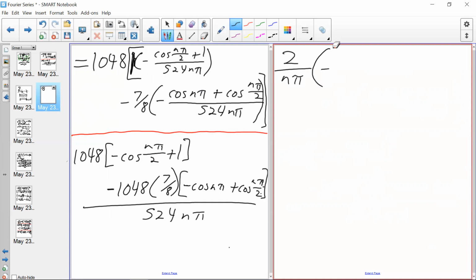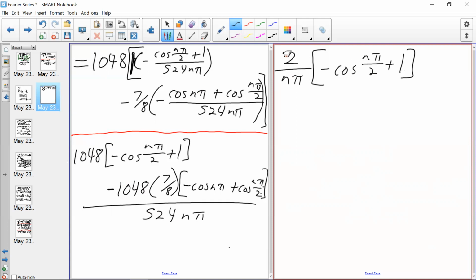So 2 over n pi, minus, so I think I'll just keep the brackets. That's going to be minus cosine n pi over 2 plus 1. And then since that 1048 goes away because it's been distributed over this 1048 over 524 n pi, those terms are no longer there.